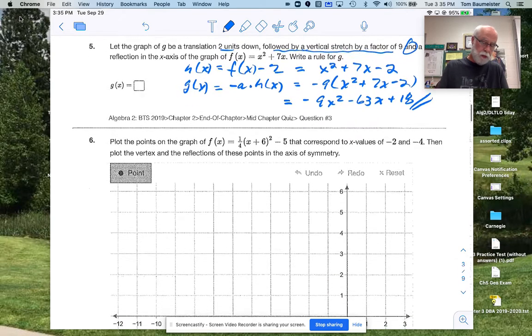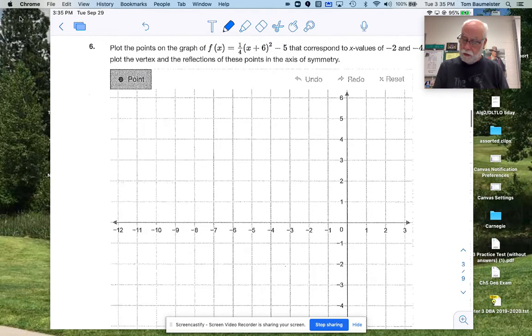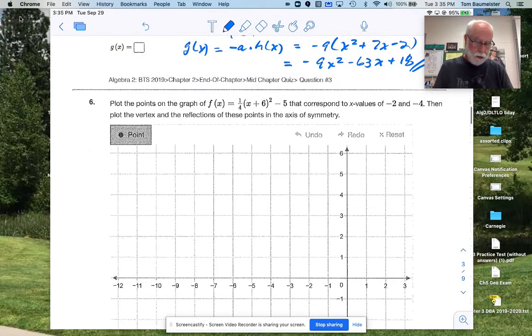Number 6, plot the points of the graph of f of x is equal to 1/4 times (x plus 6) squared minus 5 that corresponds to the values of x is equal to negative 2 and x is equal to negative 4. Then plot the vertex and the reflections of these points in the axis of symmetry. So remember, our vertex is going to be the opposite of this.